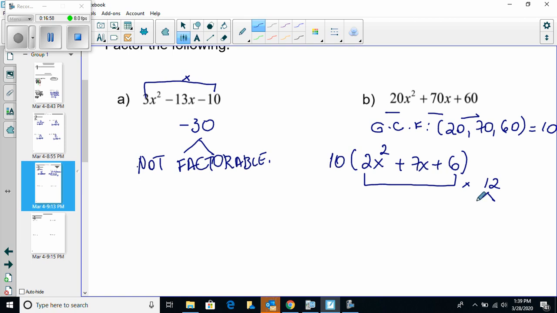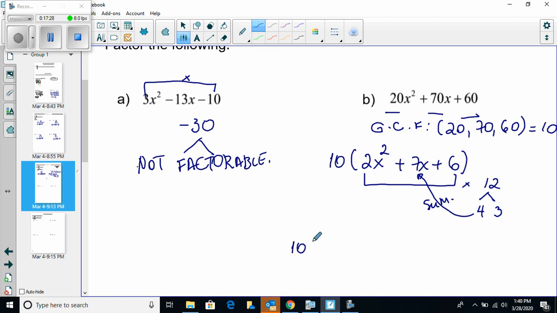So we find that those two terms are 4 and 3, because the sum of them is equal to 7. So then in that case, we are decomposing the x term.